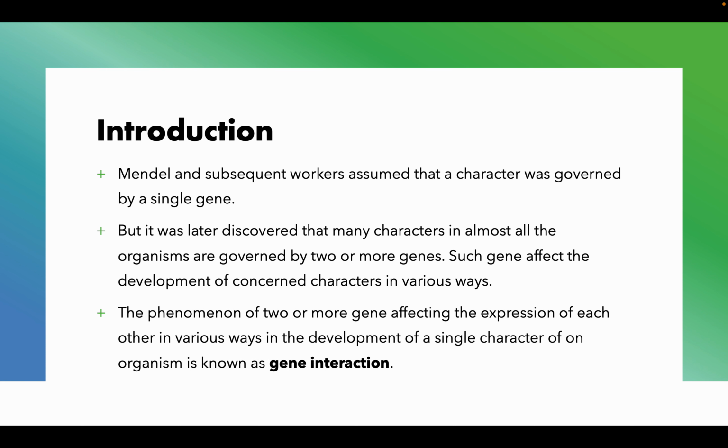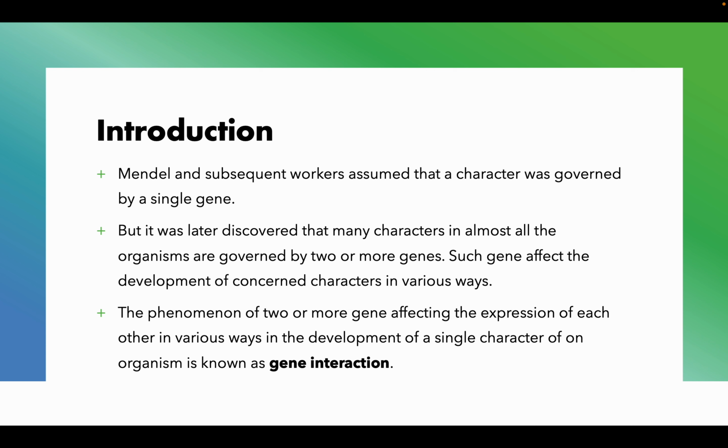So what is gene interaction? It is the phenomenon of two or more genes affecting the expression of each other. Suppose you want to develop a flower color, which depends on two genes.